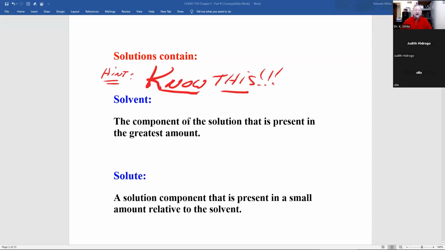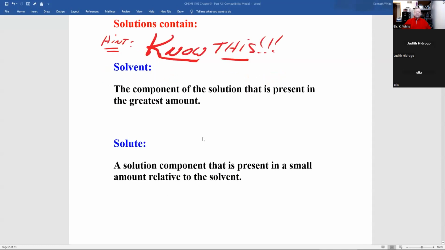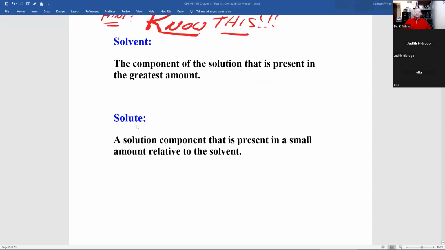All right. I was talking about solutions. And we talked about how in a solution, the solvent is the component present in the greatest amount. And the other components that are present in smaller amounts relative to the solvent are called the solutes.